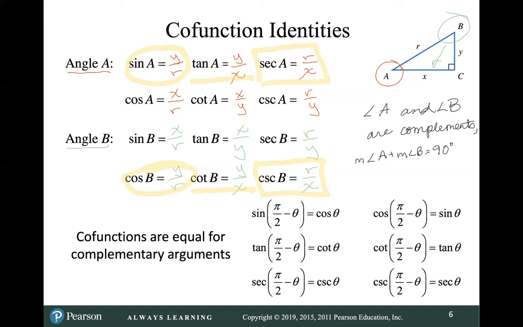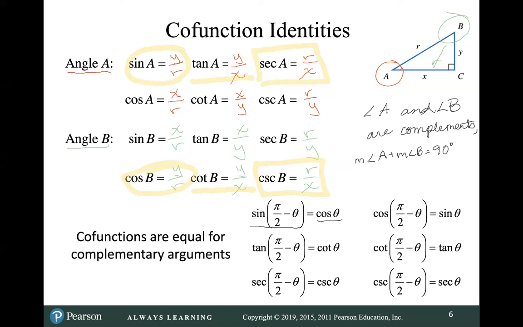Sine of angle A is cosine of the complement of angle A, which is angle B. So what that gives us is the identity that if I take 90 degrees or pi over 2 minus the angle, that's the complementary angle, then I have an expression that's equal to the cofunction. So sine of pi over 2 minus theta, that's the complementary angle, equals cosine.